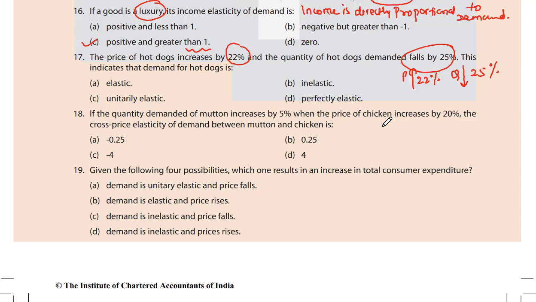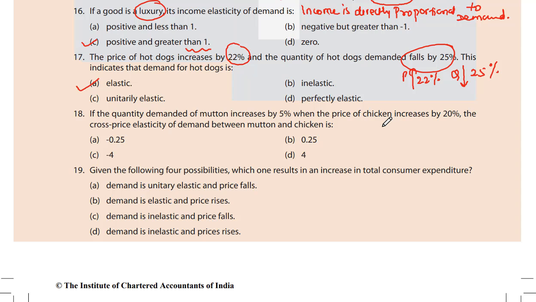Inelastic means there is less change. Elastic means more change, unitary elastic is equal change, and perfectly inelastic is no change. Perfectly elastic is infinity. So over here it would be elastic. Why? Because the percentage change in price is 22% and percentage change in quantity is 25%, which is more than the percentage change in price. Let's see the next one.